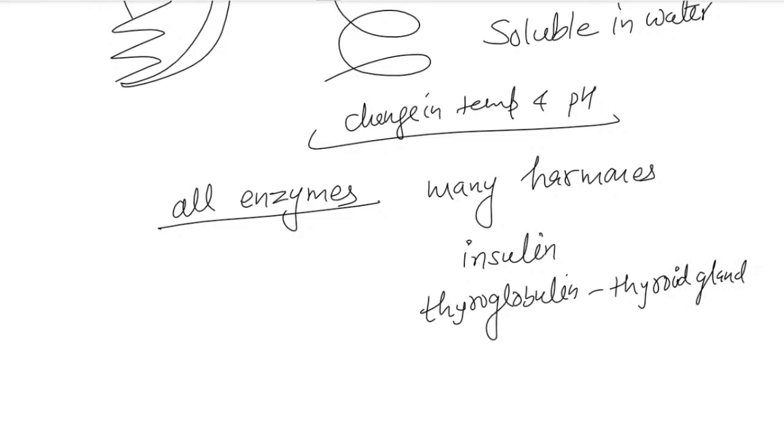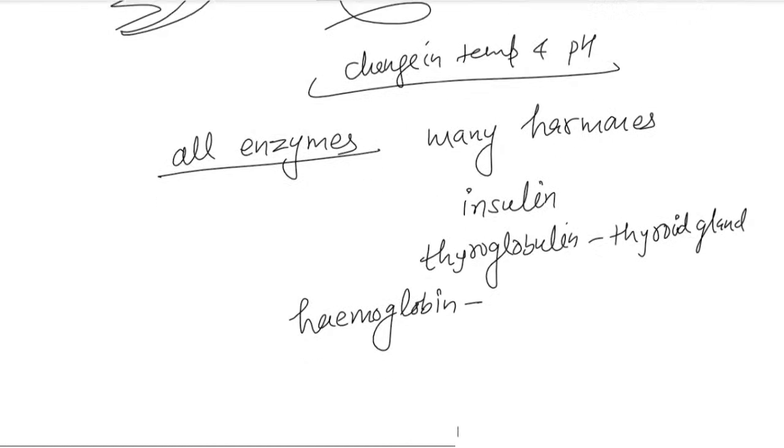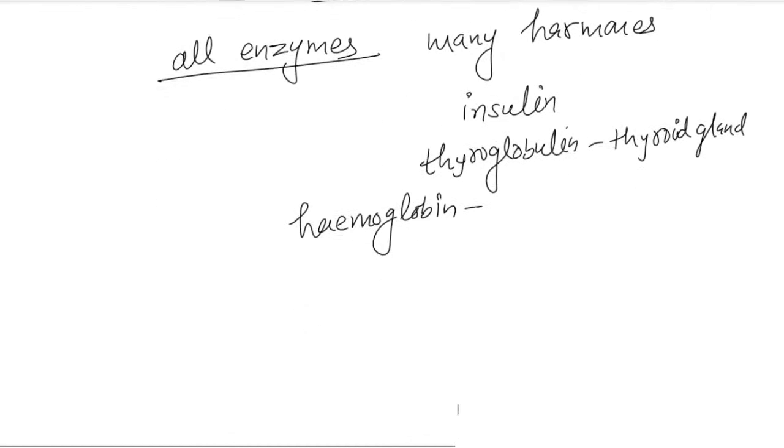Hemoglobin is also a globular protein. For what purpose is hemoglobin used? Transport of oxygen from the lungs to muscles through the blood. Yes, even albumin in eggs.